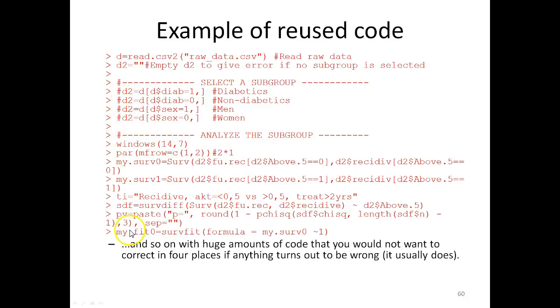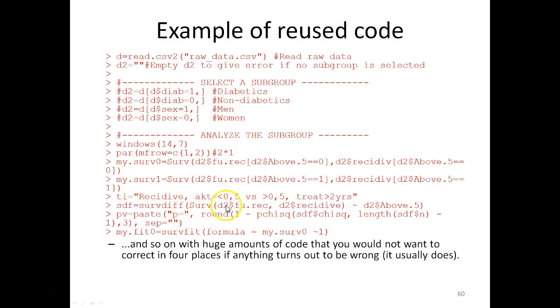Then we have a large piece of code, it might go on below here, where we analyze D2. As you can see here, we use the D2 variable. So if you have loaded it with the diabetics, for example, by highlighting text from after the number sign until here, then the diabetics will be analyzed. And if you have loaded the non-diabetics, then the non-diabetics will be analyzed.